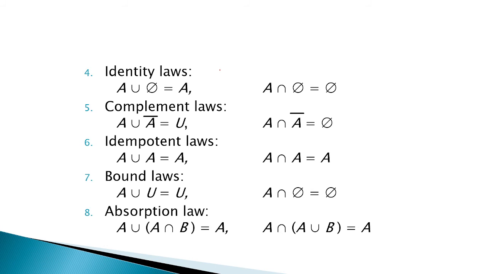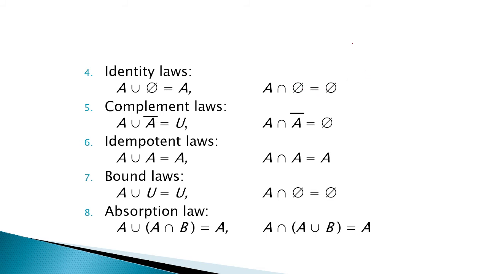Next, we have the identity law. This is like when we multiply by 0. That's the equivalent of this in sets. If you union A with the null set, the answer is still A. If you intersect A with the null set, the answer is the null set.